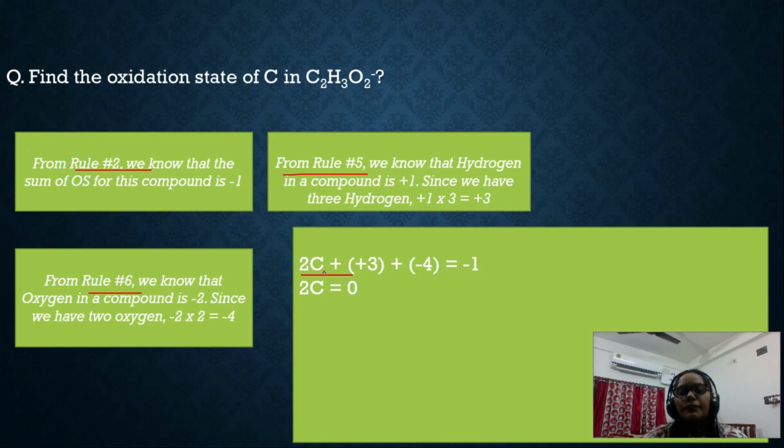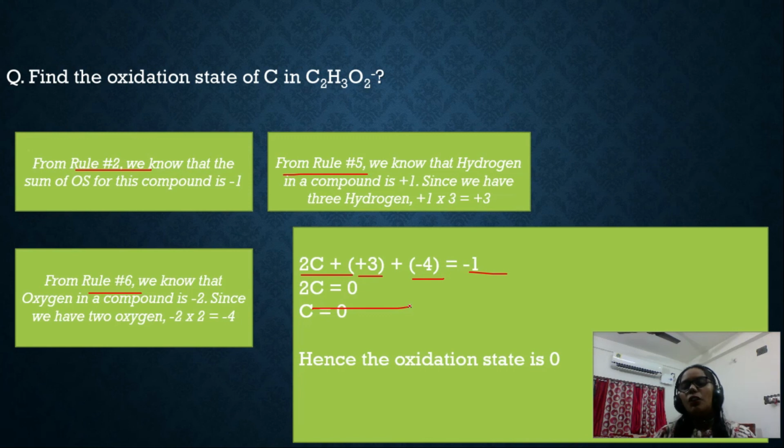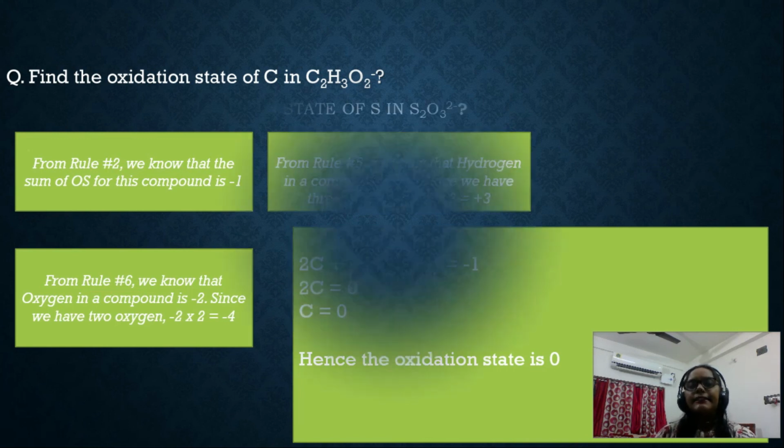So 2 carbon atoms are there, 3 hydrogen atoms and oxygen is -4, -2 times 2. So that equals -1, right? So that means 2C equals what? 0. Yeah. So that means C equals 0. Oxidation state of the carbon is 0.